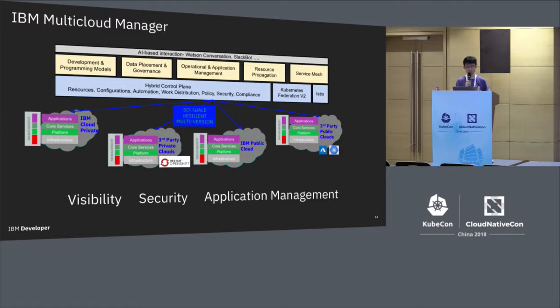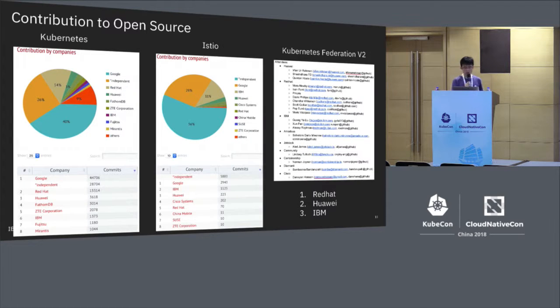So this can help to customize our service to the users. This is the IBM Multicloud Manager. Apart from the three functions here, we have federation and Istio. This can also be added here for mesh.